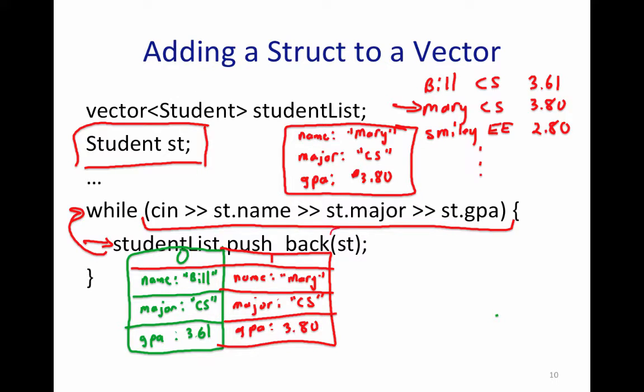Again, we're passing as a parameter to push_back the st variable, so each time we're copying a new object into the vector. So questions about how we do that? We good with that? Okay.